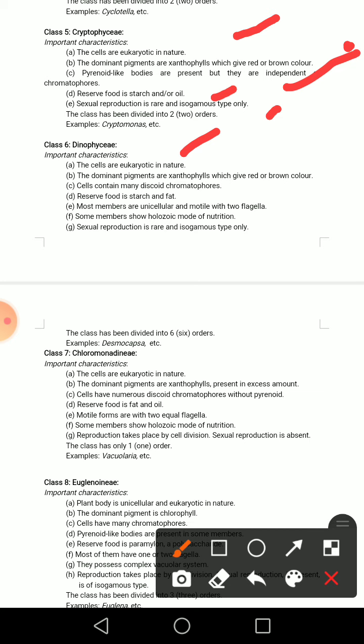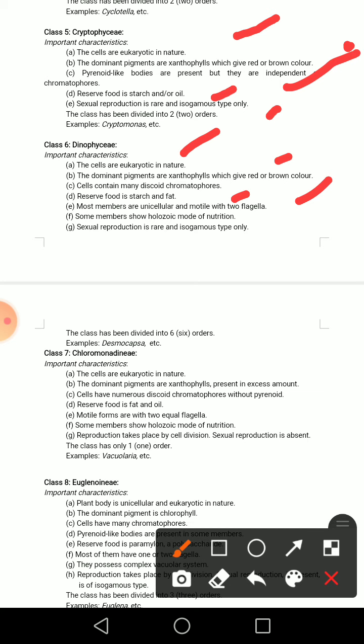Class 6 is Dinophyceae. Important characteristics of Dinophyceae are: the cells are eukaryotic in nature. The dominant pigments are xanthophylls, which give red or brown color. Cells contain many discoid chromatophores. Reserve food is starch and fat.